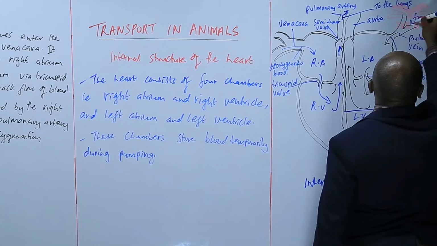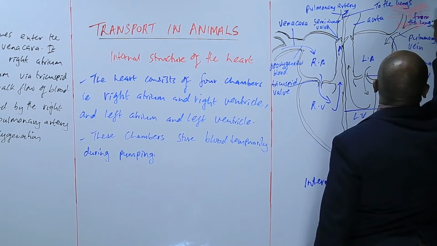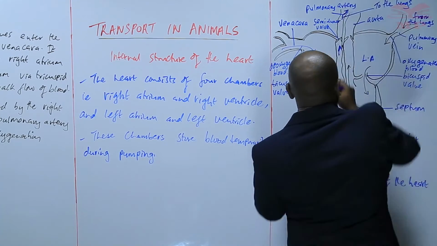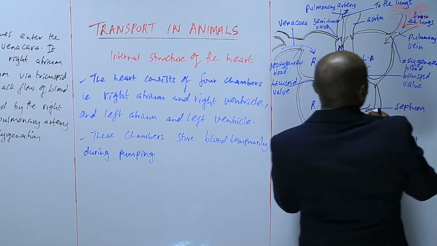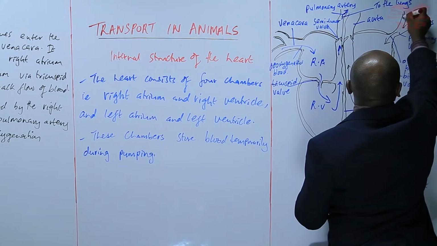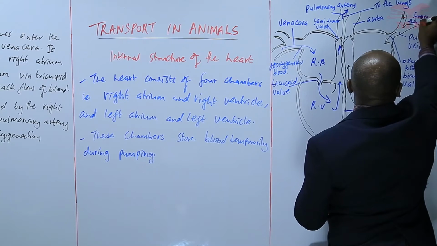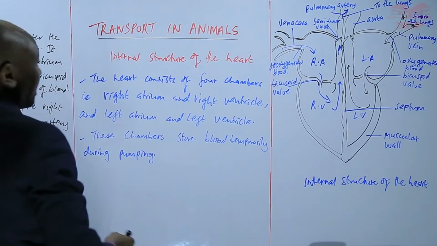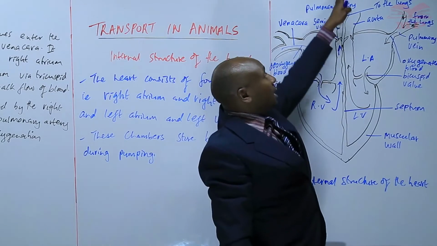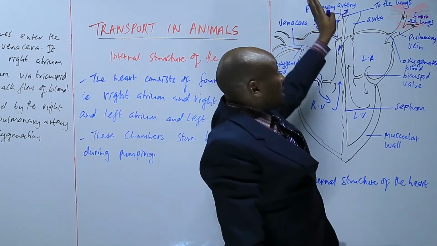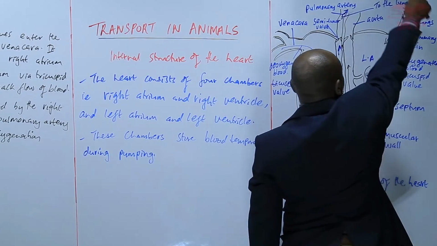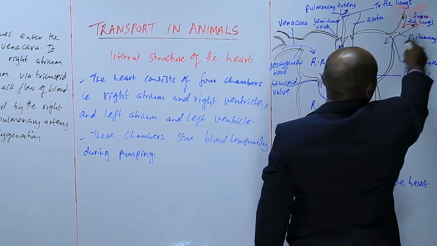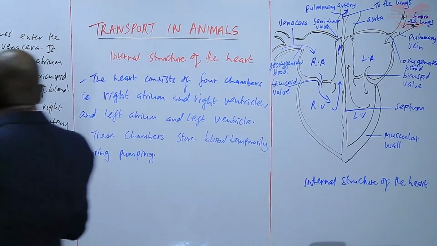The one that is coming back to the heart is the oxygenated blood from the lungs. So the deoxygenated blood is taken to the lungs for oxygenation. After oxygenation, it comes back to the heart through the pulmonary vein.